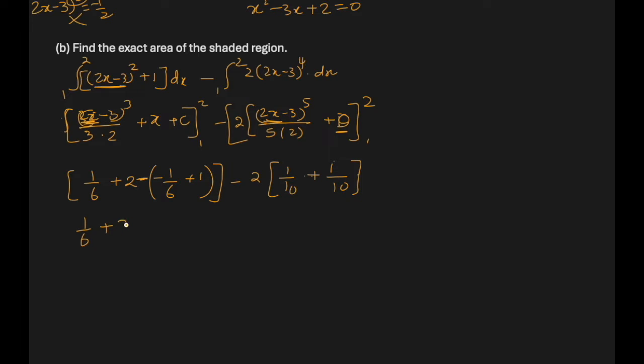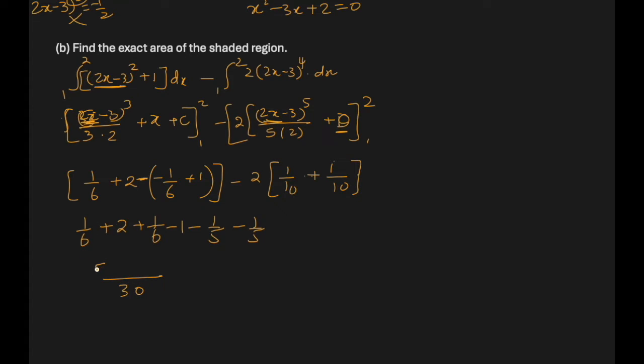plus 2 plus 1 over 6 minus 1 minus 2 times 1 over 10 minus 1 over 5 minus 1 over 5 again. What is their LCM? 30.